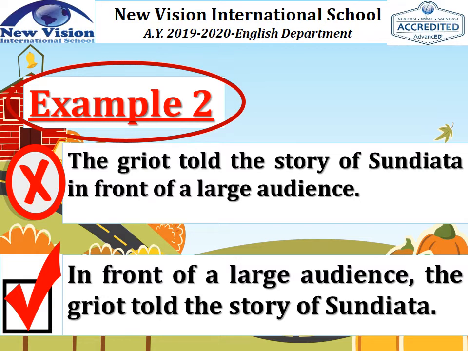It sounds confusing, right? So, we have to correct it. It should be: In front of a large audience, the griot told the story of Sundiata. The phrase in front of a large audience describes where the griot is, not where Sundiata is. Got the point? Okay.